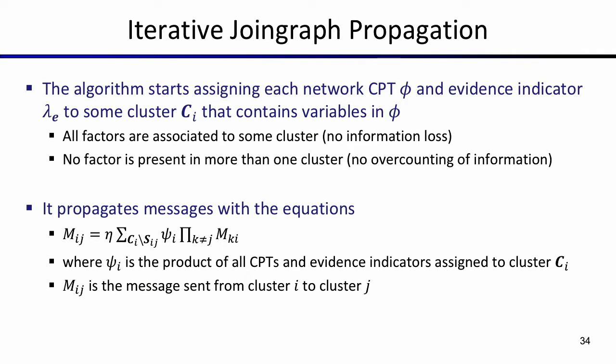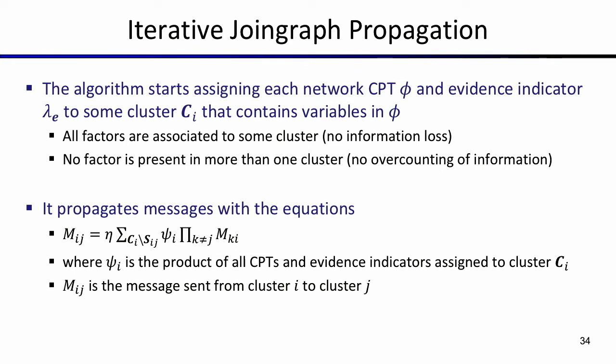We're going to do the same thing for the evidence indicators, which we need to associate to some cluster that we have in the joint graph. It's important that every factor that we have in the network must be associated to some cluster in that joint graph. It's important that there will be no information loss, so there will be no factor that is not associated to any cluster.